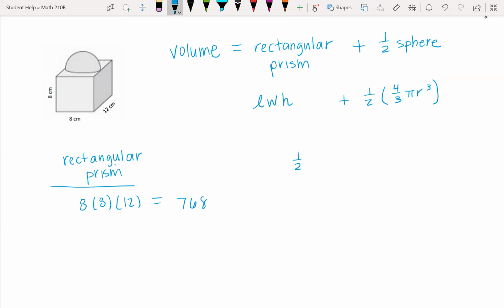For the half sphere, we have 1/2 times 4/3 times pi. And then the radius is going to be half of this distance here. So it looks like it's going to be 4, right? So I think it's going to be 4 cubed.